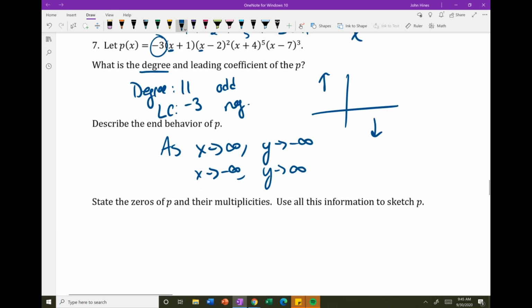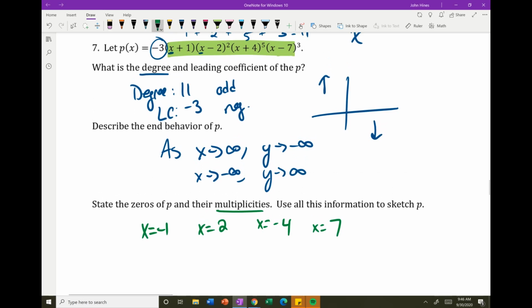So state the zeros. The zeros come right from my factors. So if I know my factors, I know my zeros. So I know my zeros here are x equals -1, x equals 2, x equals -4, and x equals 7.